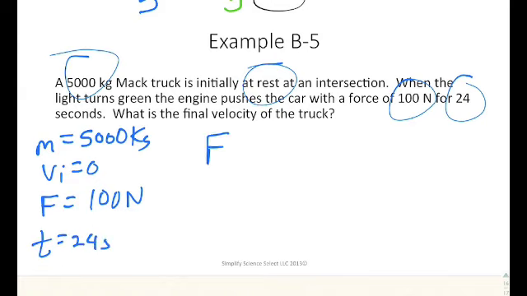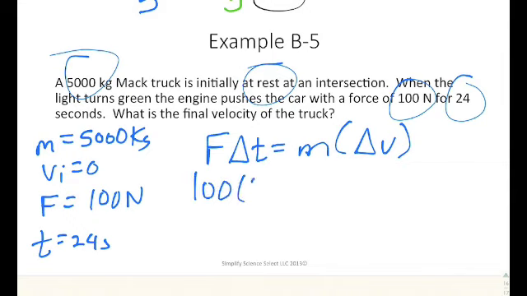So I can now use my F delta T equals M delta V and go ahead and solve. I would say, okay, 100 times 24 equals 5,000 delta V. 24 times 100 would be 2,400.